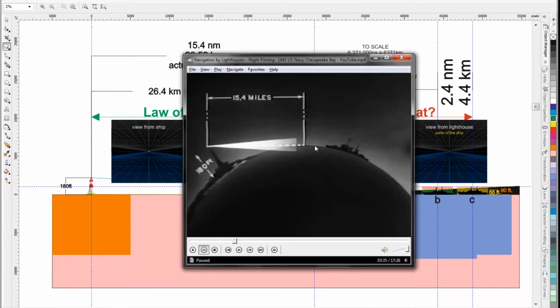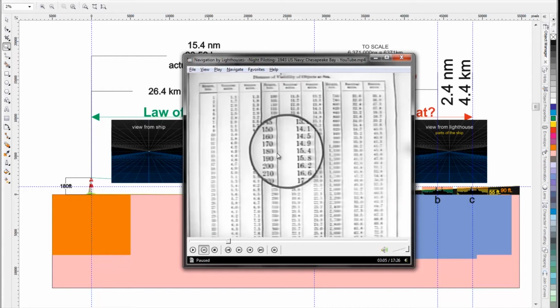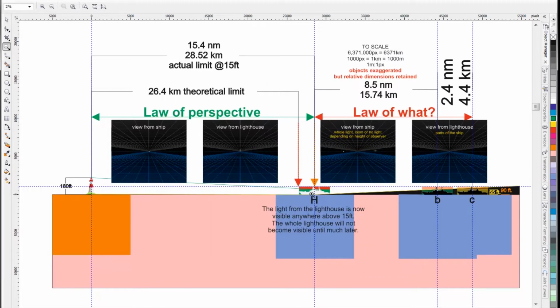He will have to increase his elevation in order to see the light again. At 180 feet, the horizon should be at 15.4 nautical miles away. So the ship should be able to see the lighthouse anywhere from 15 feet up to any height.